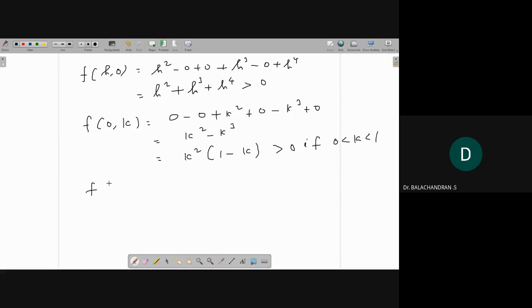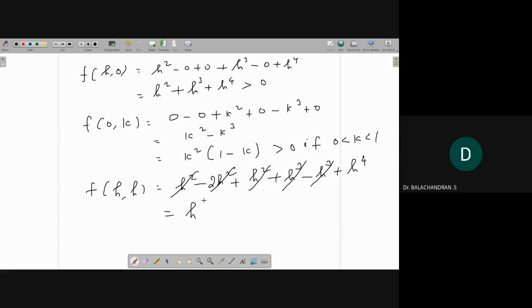And f(h, h) = h² − 2h² + h² + h³ − h³ + h⁴. The −2h² and 2h² cancel, and h³ − h³ cancels. So h⁴, which is also greater than 0.